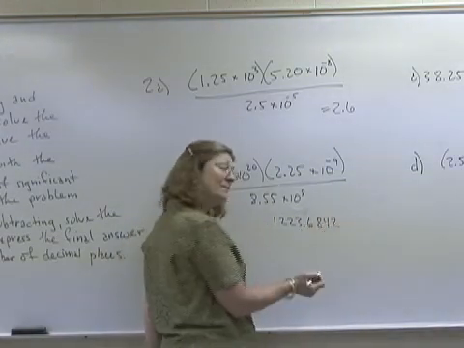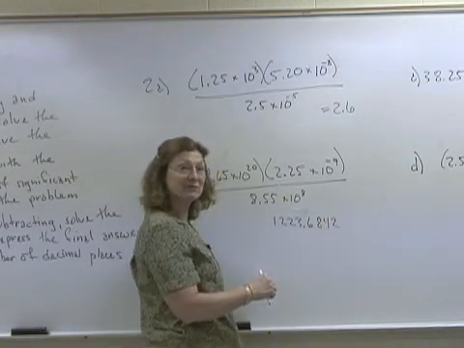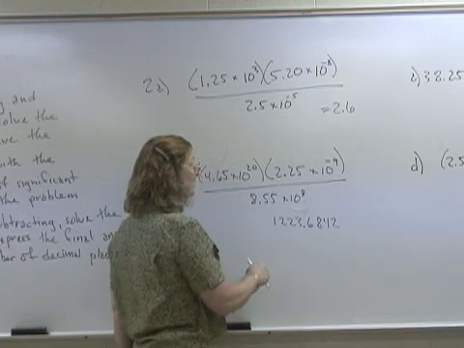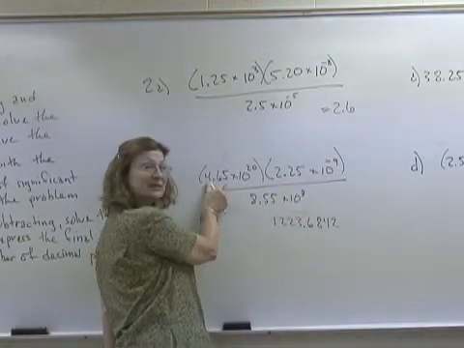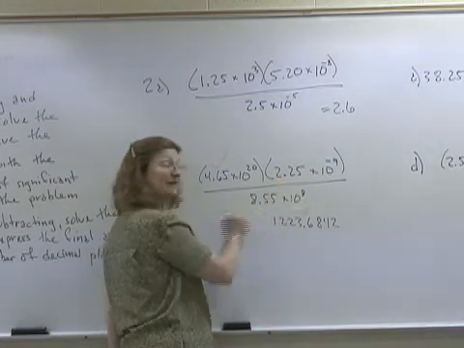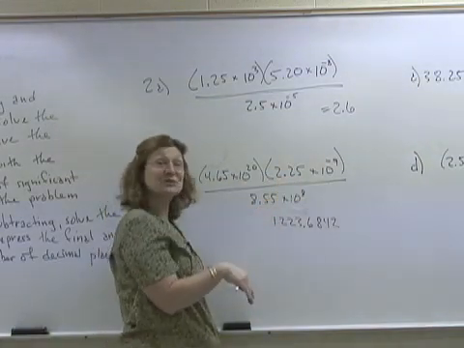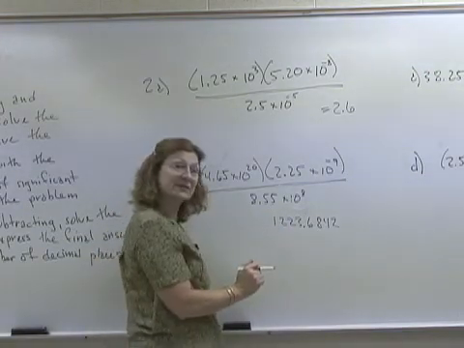And what we do, remember, is we cut it off after the 4th digit after the decimal. And I look back at my original problem. There are 3 significant digits here, 3 significant digits here, and 3 significant digits. So the least number is 3. So I must express this number with 3 significant digits.